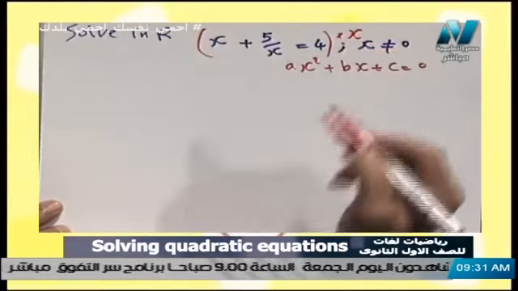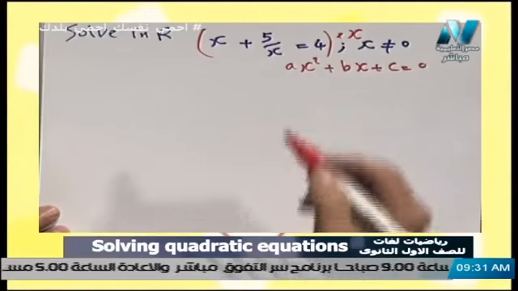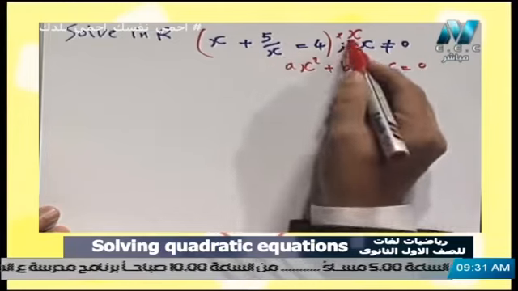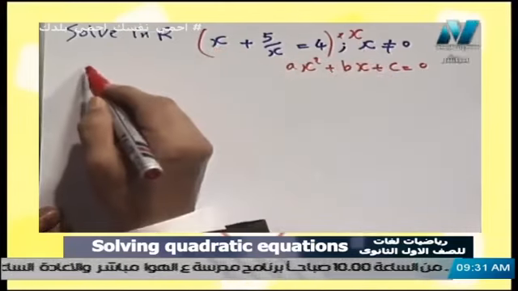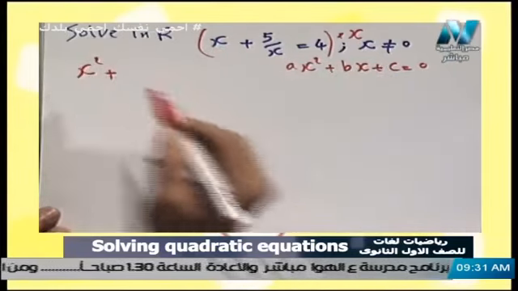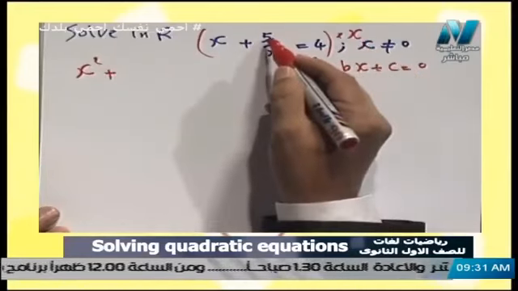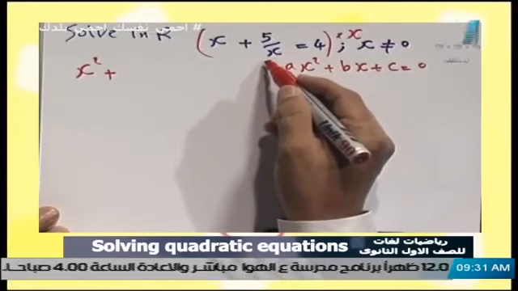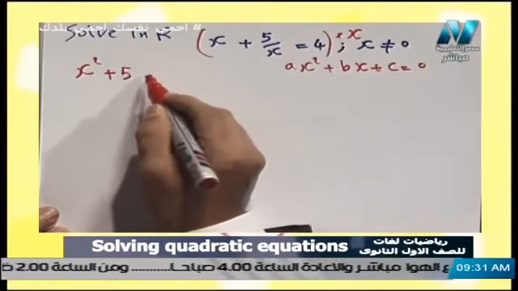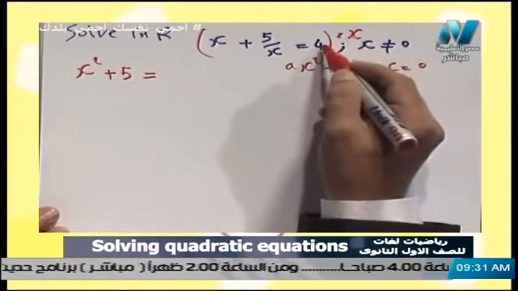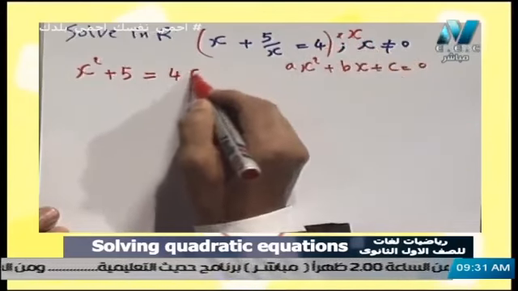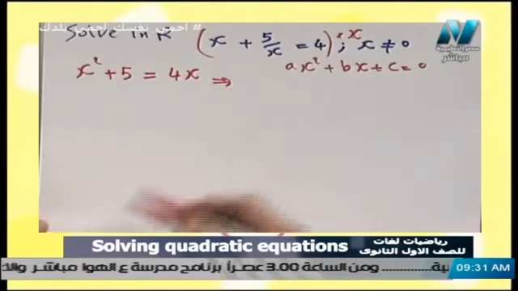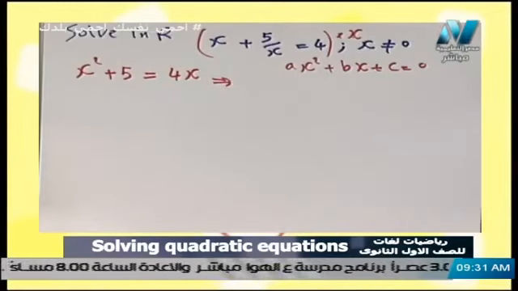So when we multiply it by x to cancel this denominator, x multiplied by x, of course, will be x power 2. x multiplied by 5 over x, we cancel x by x, and the answer will be 5, equal x multiplied by 4, it will be 4x, of course.